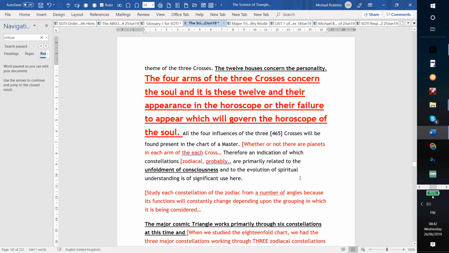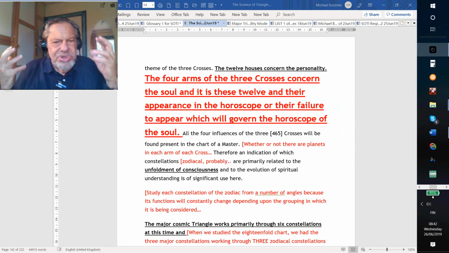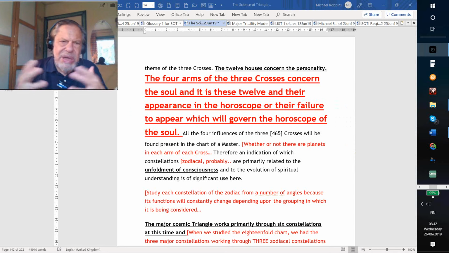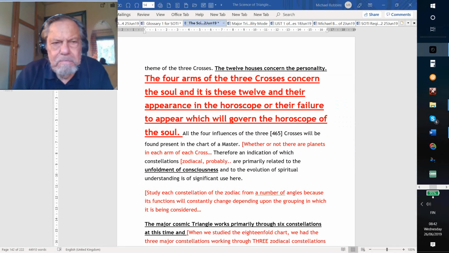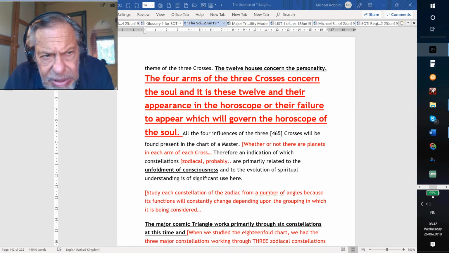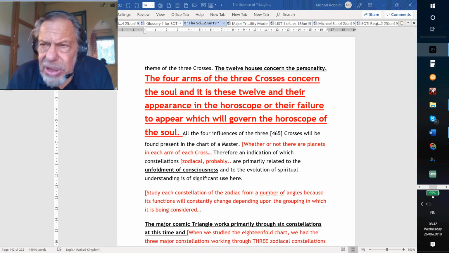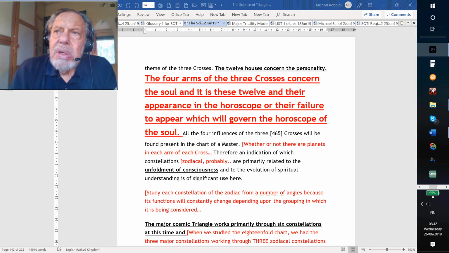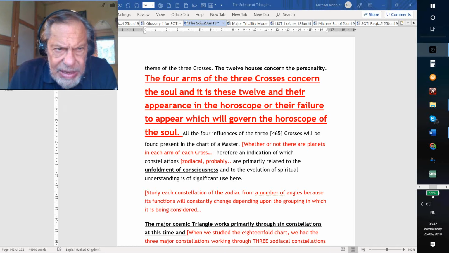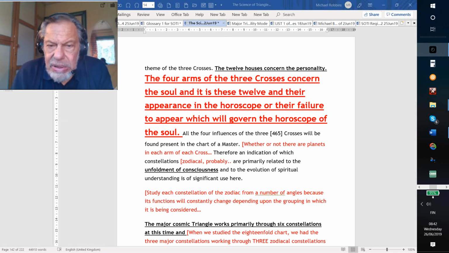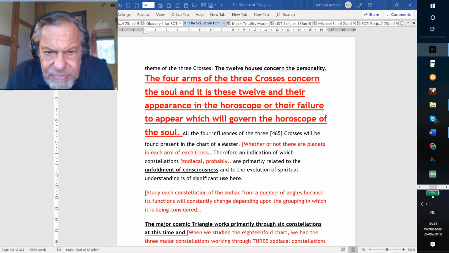Therefore, an indication of which constellations, maybe that's a hint, because sometimes the word constellations is used, and sometimes the word sign is used. And a sign is an area of Davic life near the earth, which can concentrate the energy of a constellation and see it applied in our daily lives.